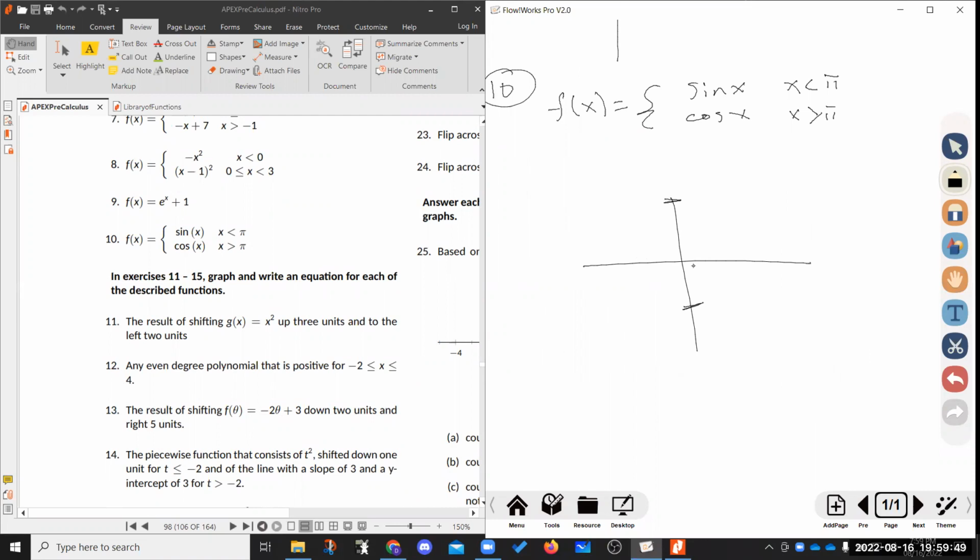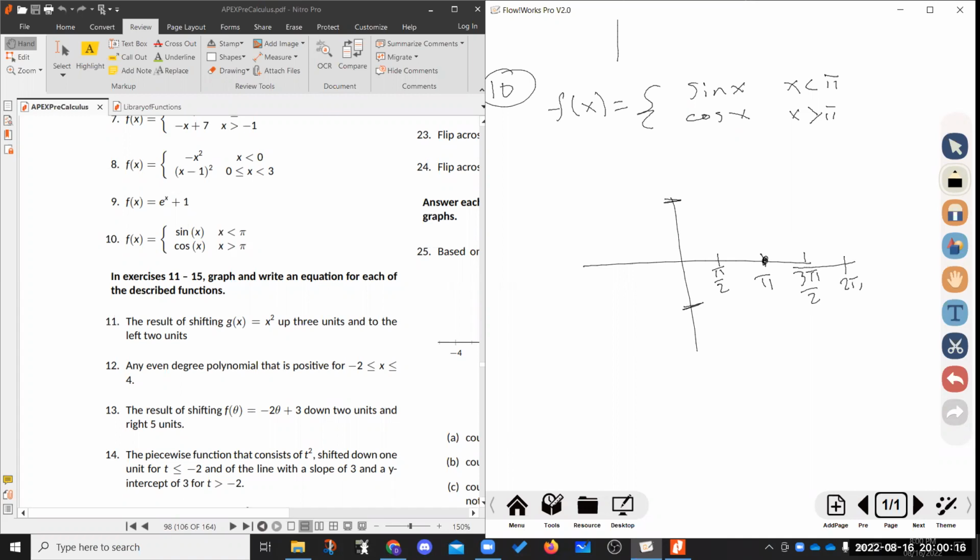For x less than pi. So pi is, here's pi over 2, here's pi, here's 3 pi over 2, here's 2 pi, so on. So I want the sine graph for pi or less.